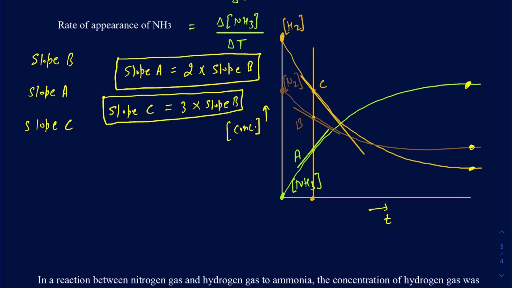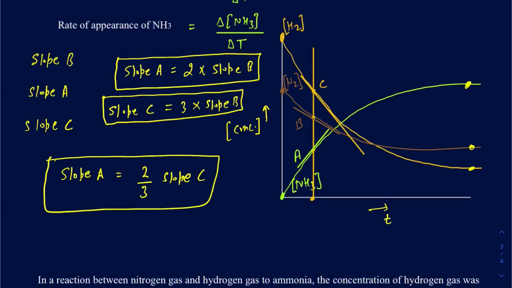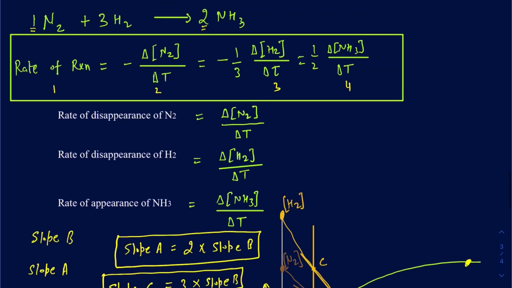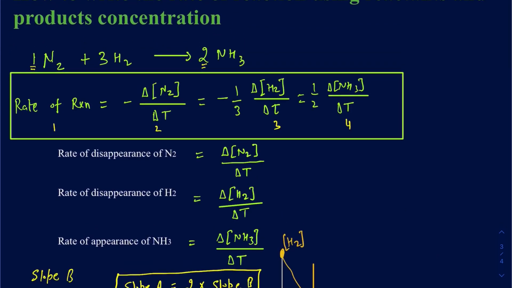And how would you compare the slope of A and C? Well, in that case, I can say the slope of A is actually going to be equal to 2/3 the slope of C. And what we're doing here, again, is still using our coefficients. We know hydrogen in this particular case is going to be the one that's lost the fastest because it has 3 in front of it as a coefficient.